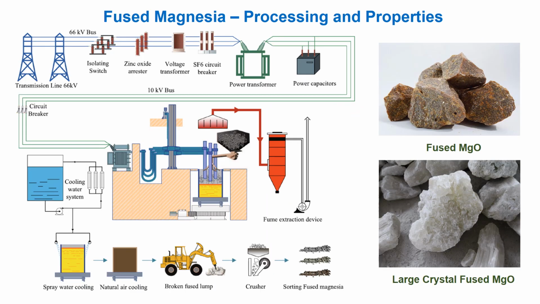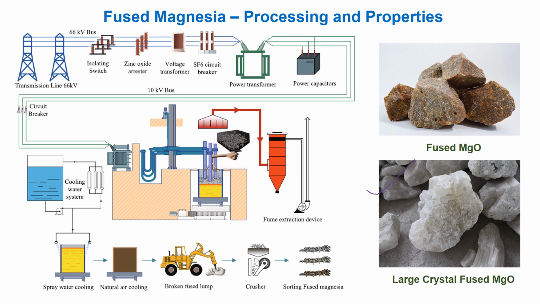This slide represents how to make fused magnesia and their different grades. Usually, depending on the processing temperature and time, crystal size varies. High MgO and larger crystals exhibit whitish to transparent color.